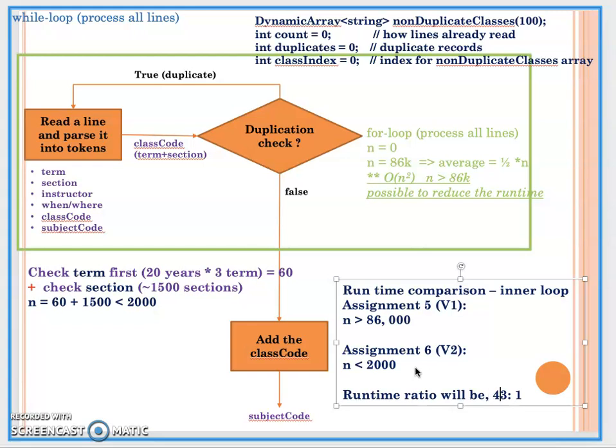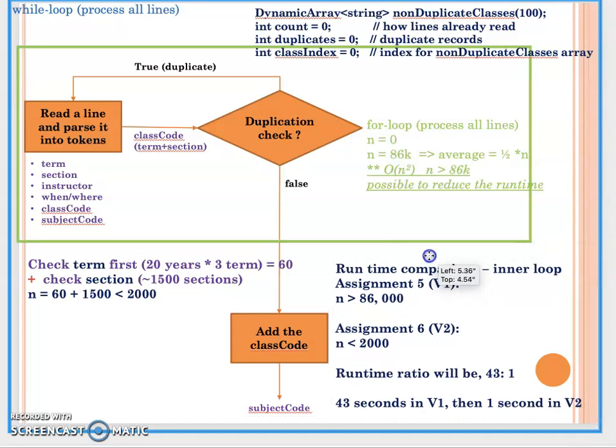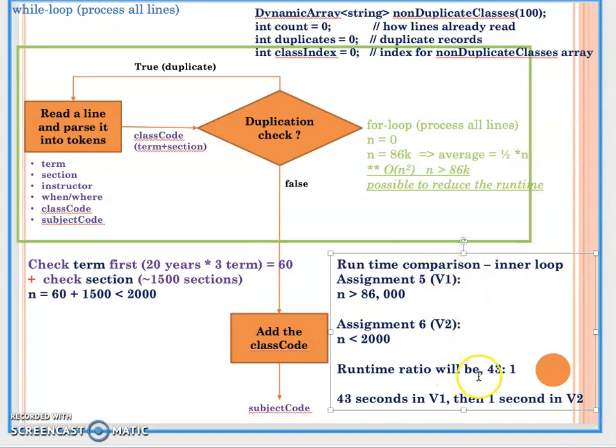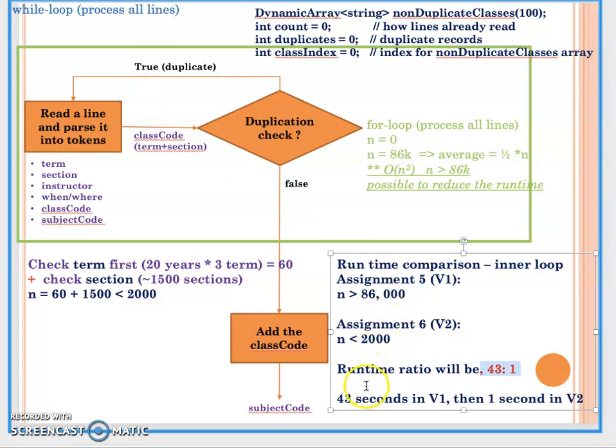Okay, so if you spend 43 seconds, just say for example, 43 seconds in your V1, this runtime ratio will simplify as 43 to 1. So if your runtime in V1 is 43 seconds, then you only need 1 second to finish in V2.